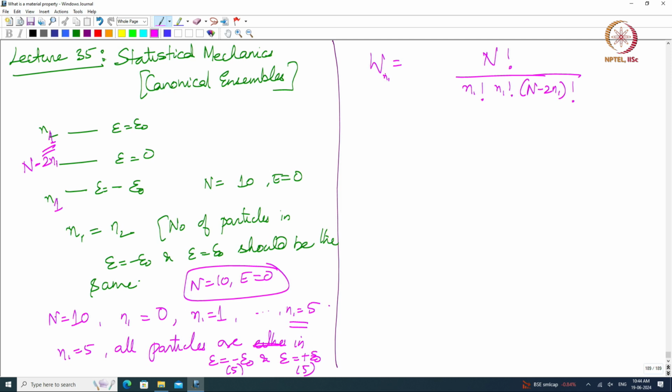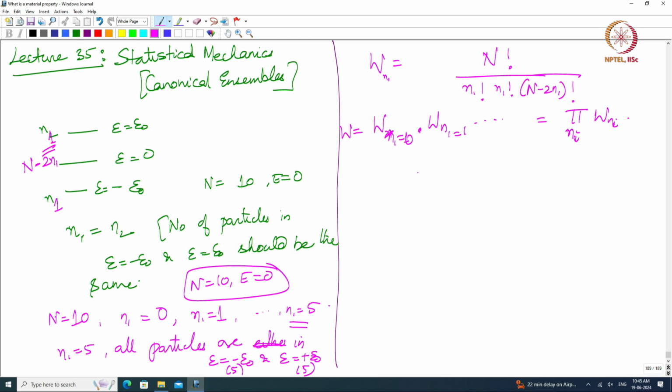But I can have total W equal to W at n1 equal to 0, n1 equal to 1, and so on and so forth. So, with respect to all the n1s, I am just going to take a product of all the W's, right.